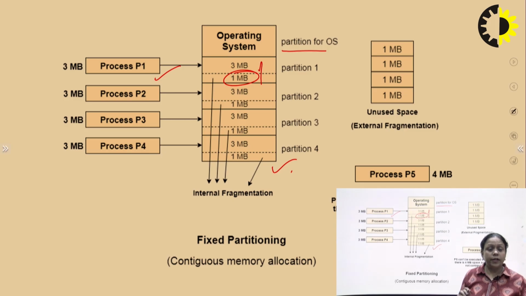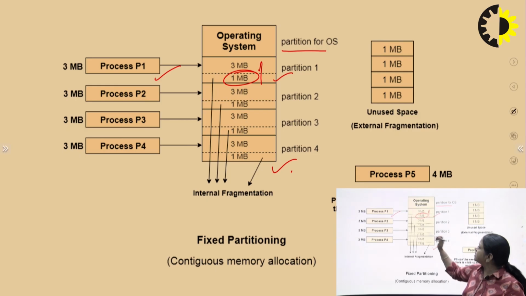This is wastage of memory, also known as fragmentation. It is known as internal fragmentation, because the size of the partition is 4 MB, but the process residing in this partition is 3 MB, and 1 MB is leftover space in the memory, and we don't have any process small enough to put in this space.